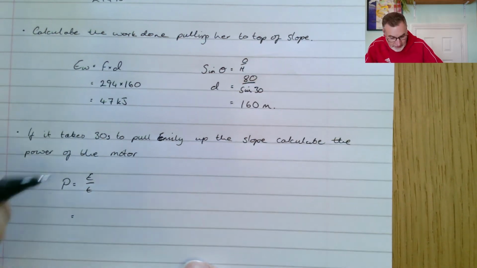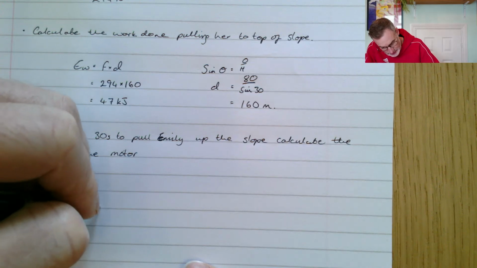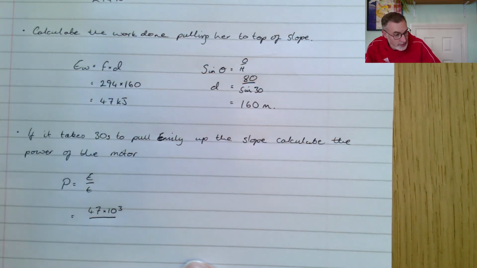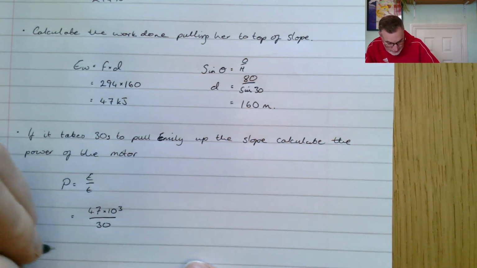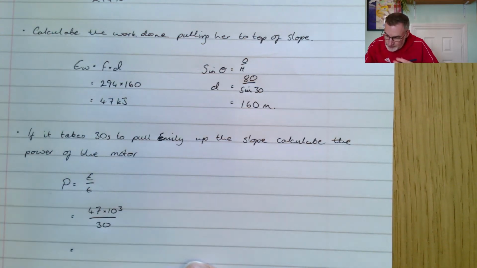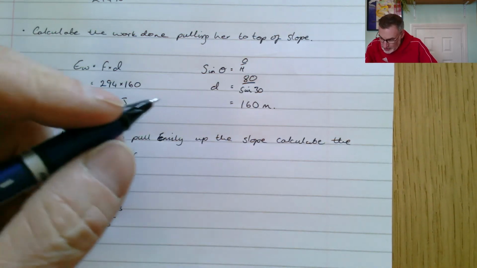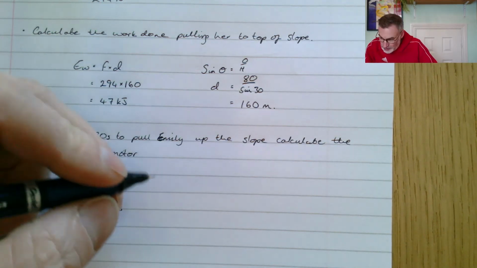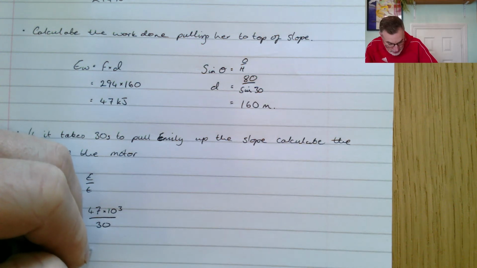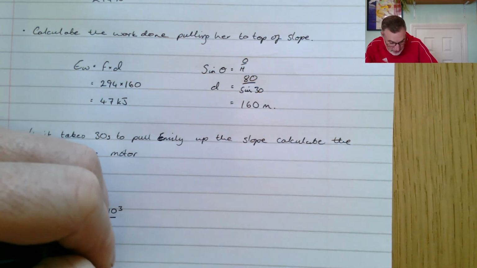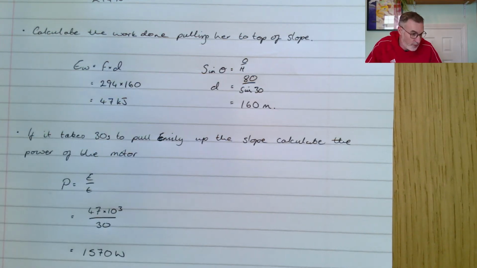Now 47 kilojoules, 47 times 10 to the 3 over 30 seconds. And that's going to be 1,570 watts, so 1.6 kilowatts.